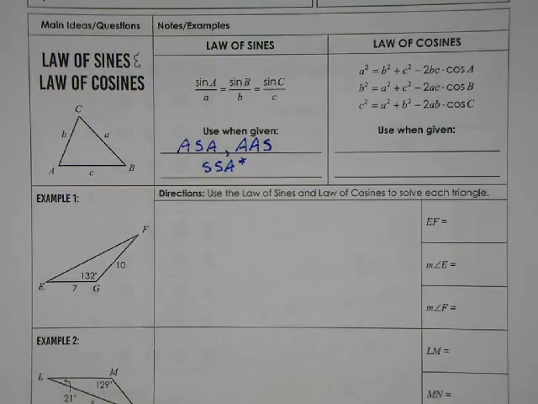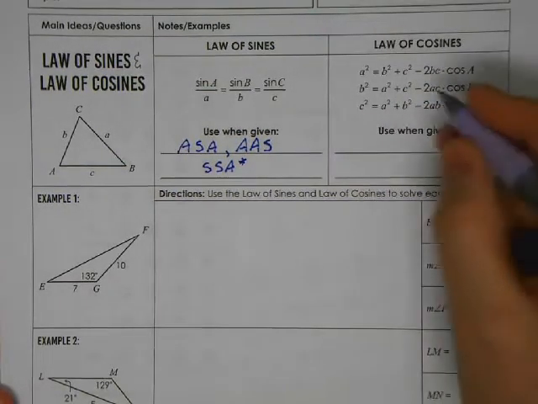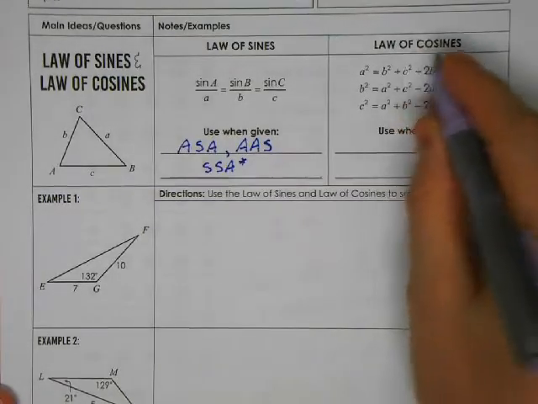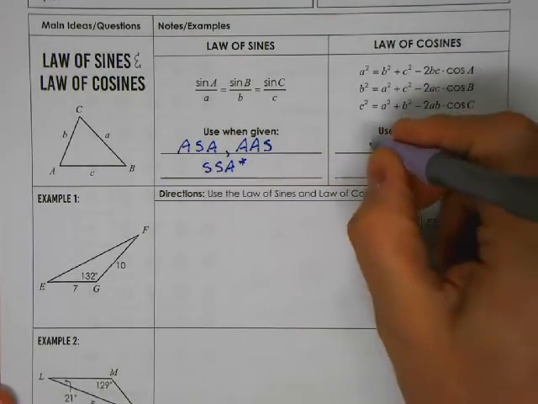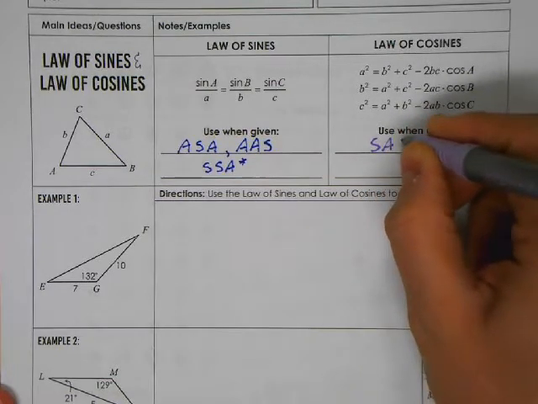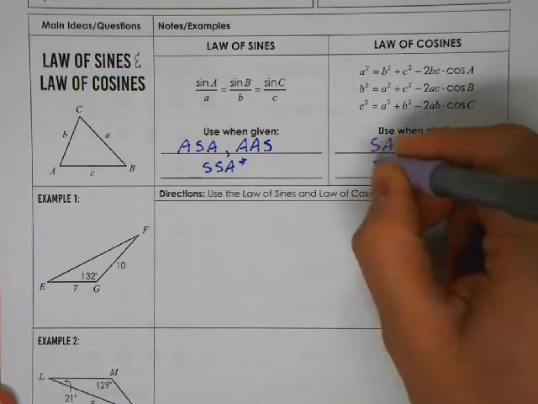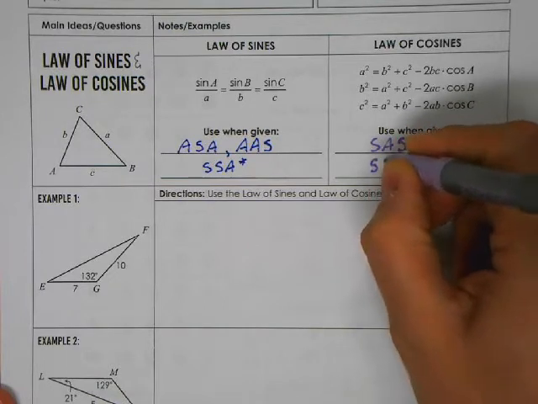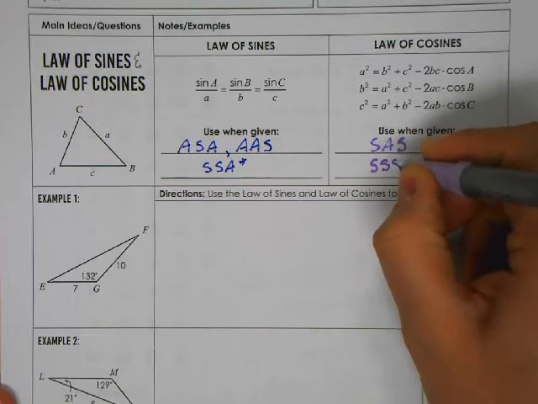And for the next one, for law of cosines, there's essentially two sets of parts that we can use when we have to use law of cosines. That's when I have a side, an included angle, and another side, and all three sides, side, side, side.